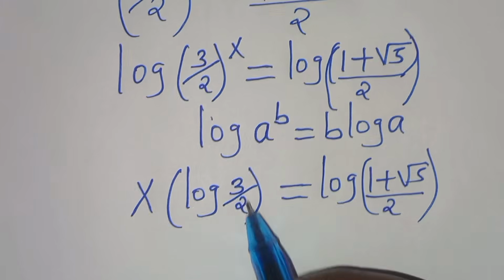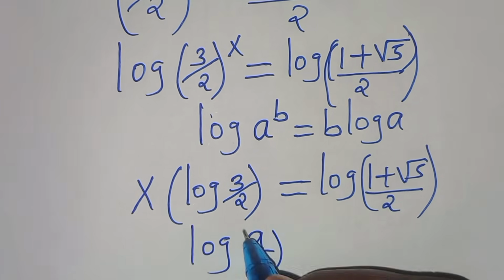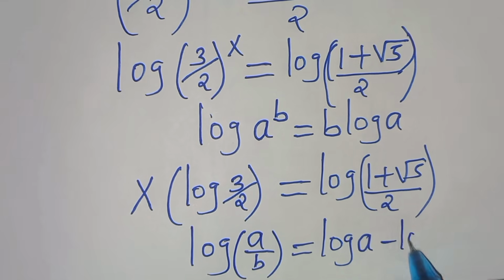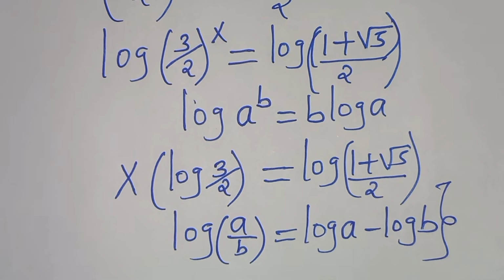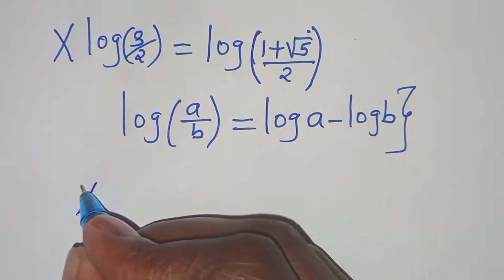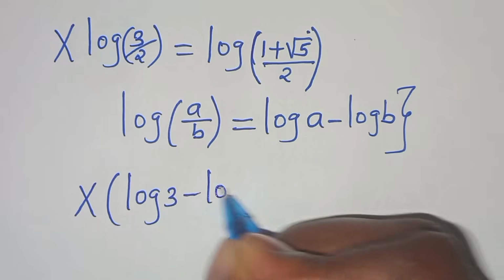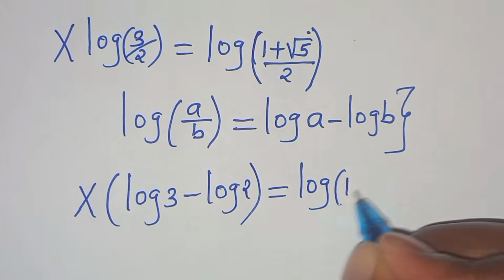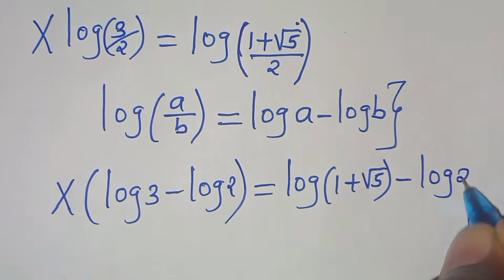Log 3 over 2 is in the form of log a divided by b, which can be expressed as log a subtract log b. Applying this logarithm property, then we have x into the parentheses, log 3 minus log 2. This is equal to log of 1 plus square root of 5 minus log 2.